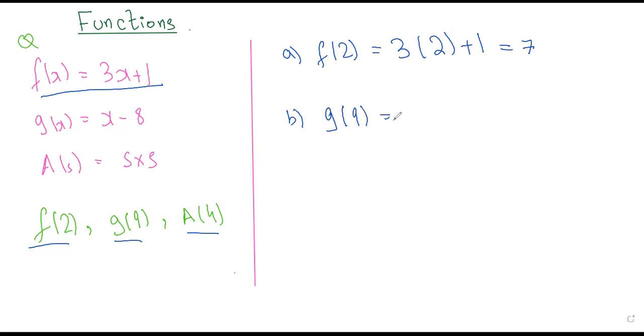So that is 9 minus 8, that would be 1. The only difference is that here in my example, I have 9 instead of x. So instead of x, I am going to use 9. Let's talk about the third one. So I have 4. So a of 4 is going to be 4 multiplied by 4, that is 16.